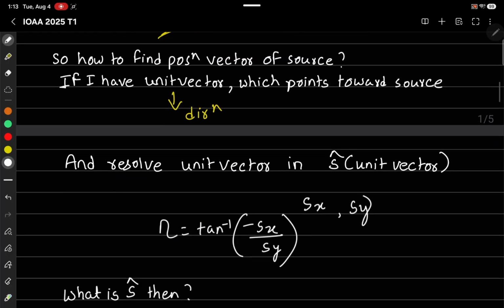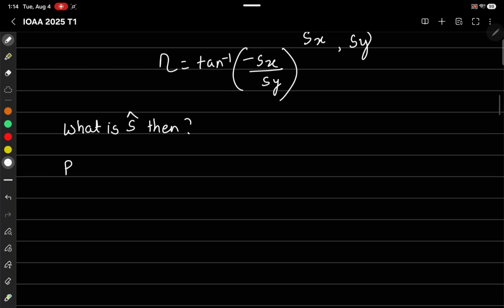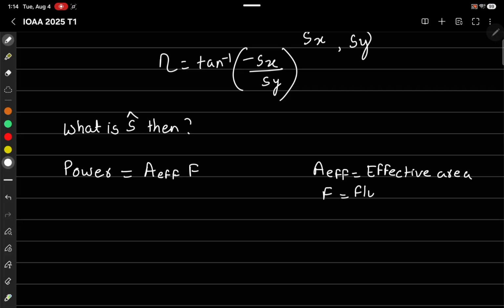So power is given by A effective times flux, where A effective is the effective area and F is the flux of the source.